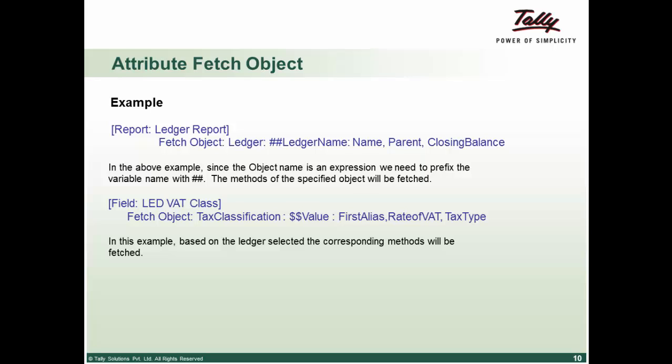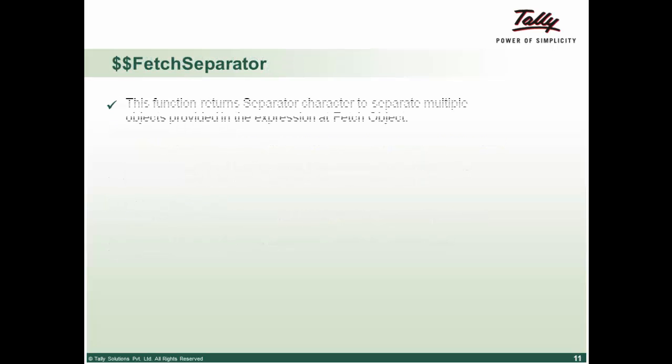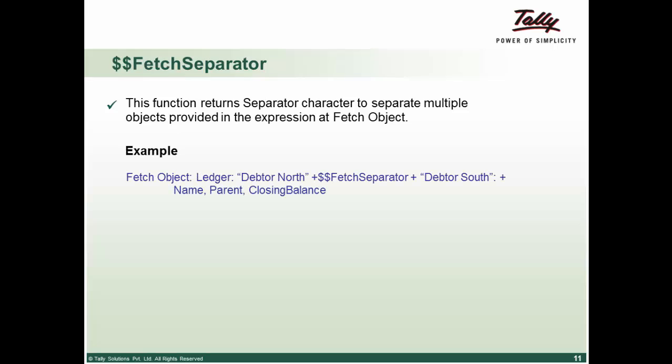To call that entire list of my stock items is where we will require a function called fetch separator. Fetch separator is similar to what we have as $$FullList. What does a full list do? It does a comma separation between the values that we have, correct?